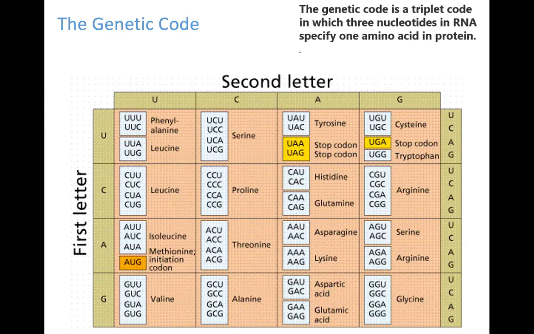So now we know what each combination of 3 bases will code to. The order of the amino acids in a protein is dictated by the order of the bases.